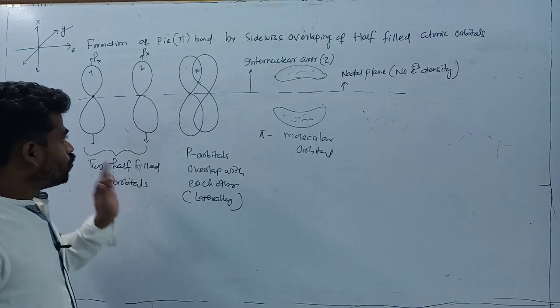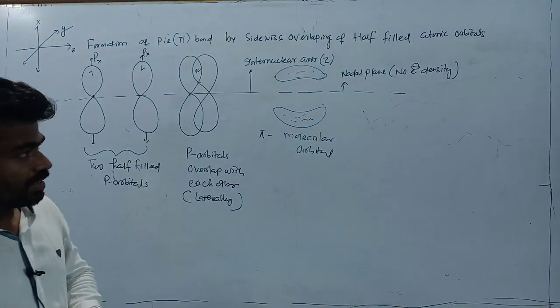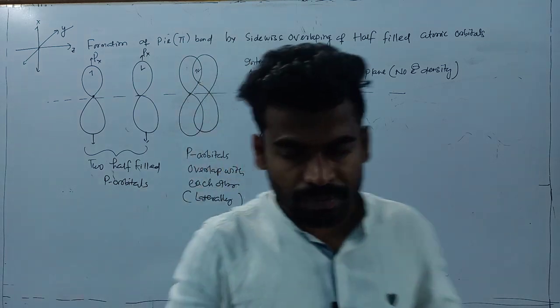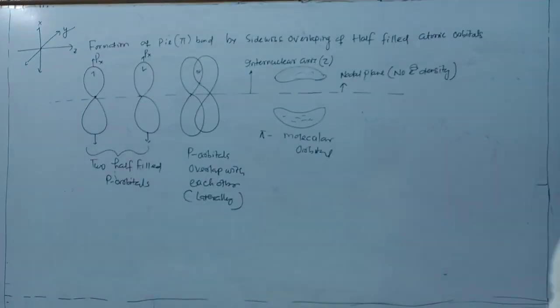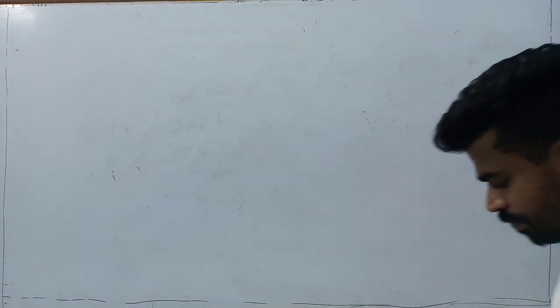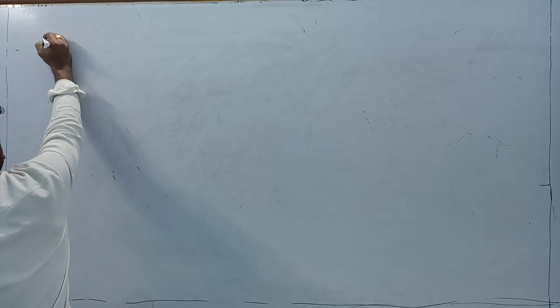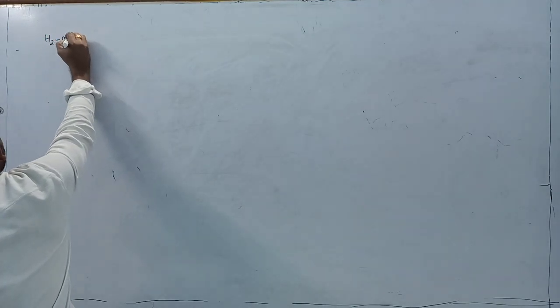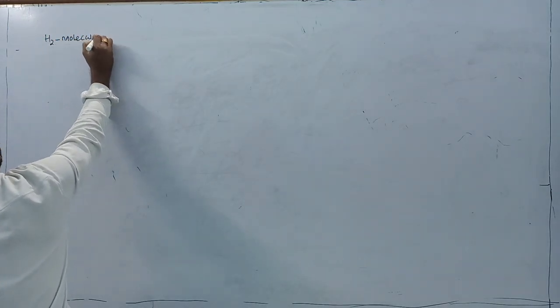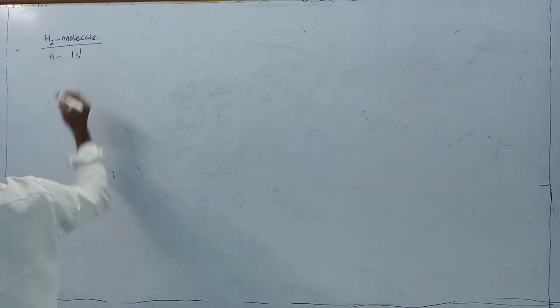Is that clear? So with this I need to provide you several examples of this orbital overlapping concept. So let us consider very simply the hydrogen molecule, H2 molecule, H having configuration 1s1.